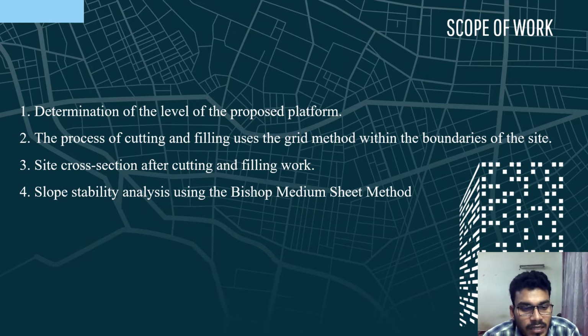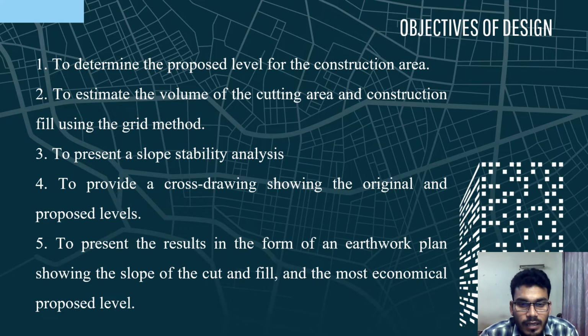The last is slope stability analysis using the Bishop simplified method. The objectives of our design are to determine the proposed level of the construction area and estimate the volume of the cutting areas and construction fill using the grid method, and you can see the others also.